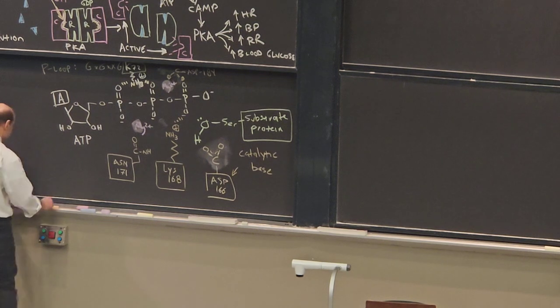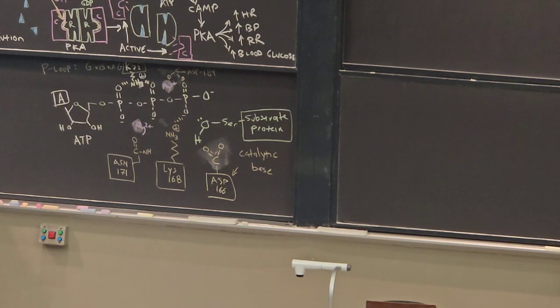mechanism as well. Now there are some key features of PKA that I just want to point out. The first thing it has to do is it has to bind ATP. Okay, and that means in order to bind ATP, if I just remind you what ATP looks like here, I'm just going to draw it this way.